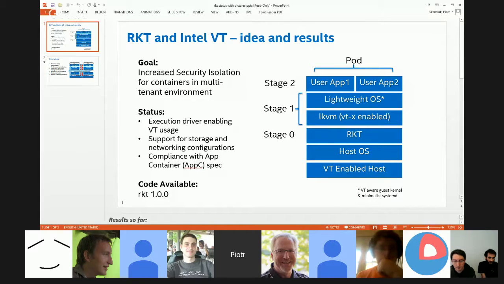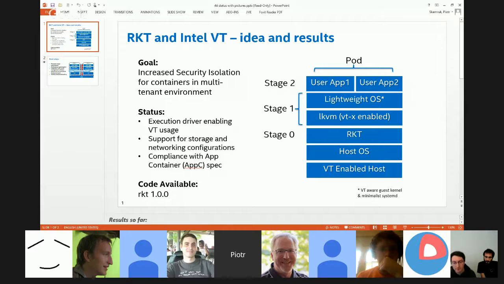So basically, we extended or replaced stage 1 with the whole systemd, run under a cut-down kernel, which is started by LKVM.